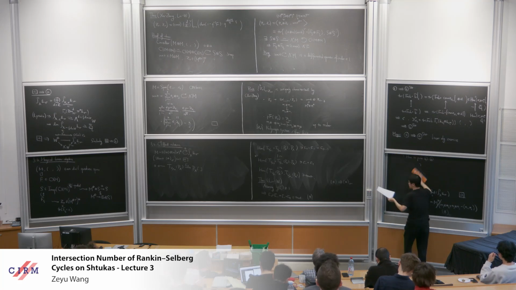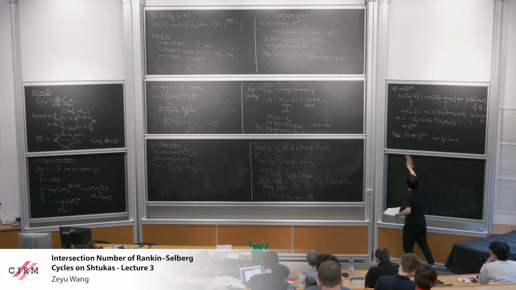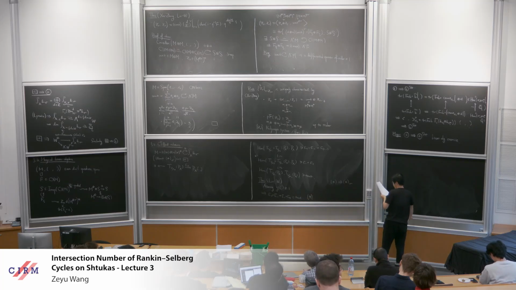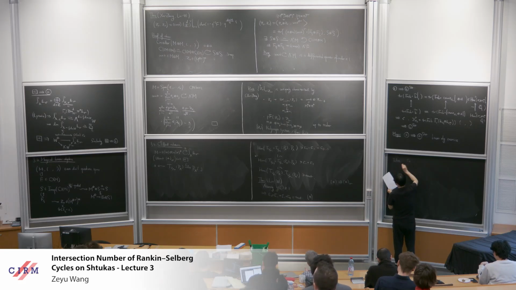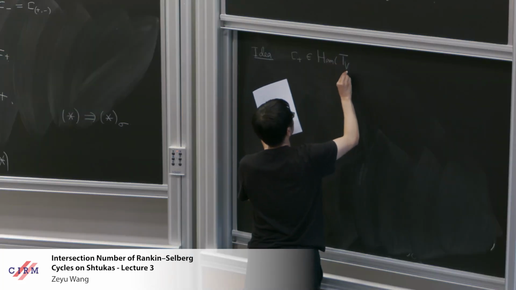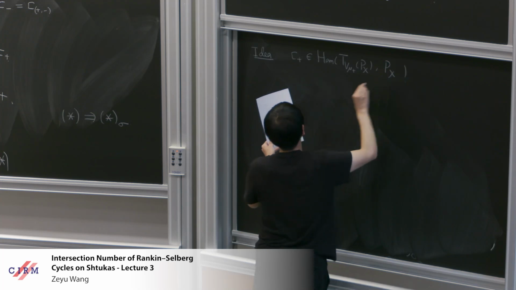I want to say a little bit about the idea of the proof of this theorem. So what's the idea? The theorem is about some relation between these cohomological correspondences, Homs from the Hecke operator applied to a pure sheaf to the pure sheaf.